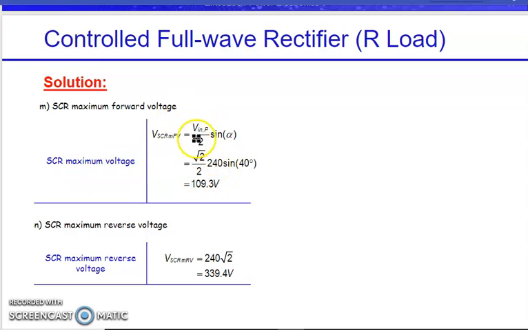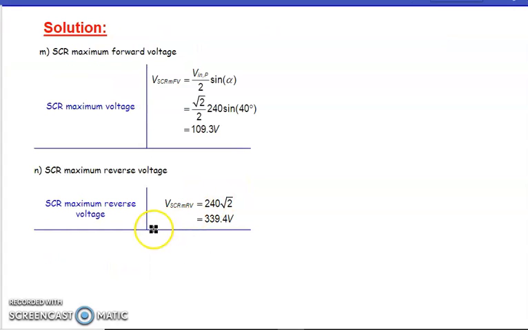During forward voltage, V in peak divided by 2 sine alpha, so we get a forward voltage of 109.3. The maximum reverse voltage, holding voltage or blocking voltage, is the maximum peak value of our source, so 340 volt.